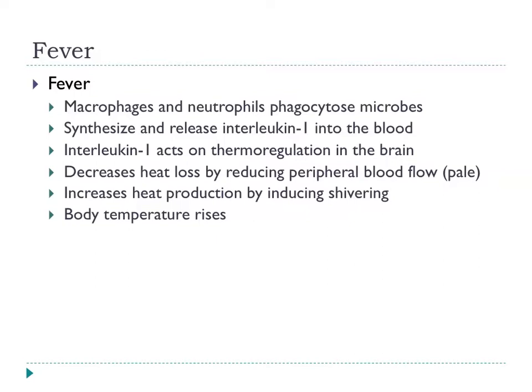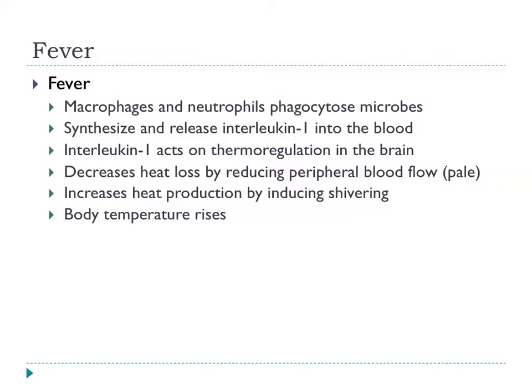So what's happening with fever? What happens to trigger fever in these kinds of patients is we get macrophages and neutrophils acting as phagocytes. These are two main kinds of phagocytes. They phagocytose microorganisms and release a protein called interleukin-1 into the blood, and this then acts on a particular center in the brain, the thermoregulatory center, and changes the setting, if you like.